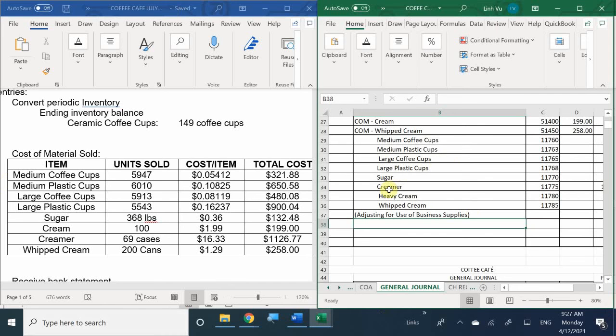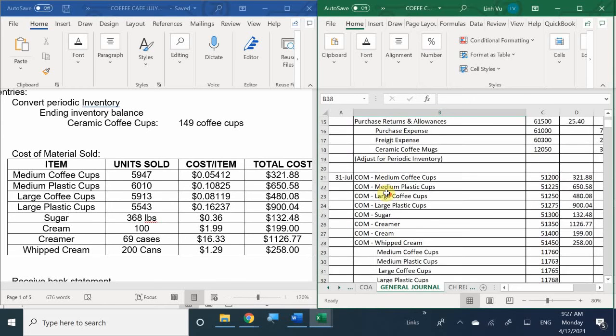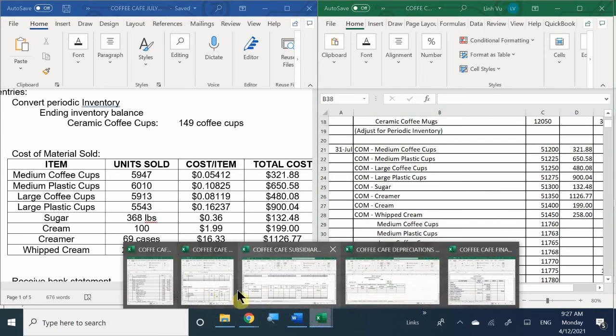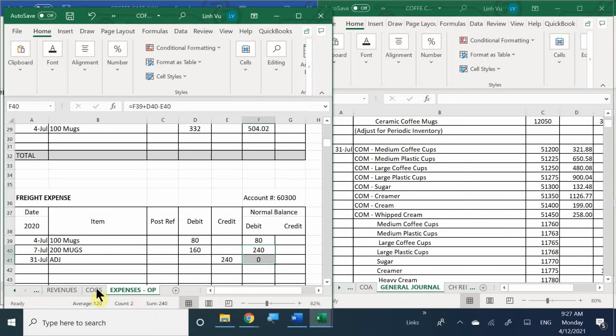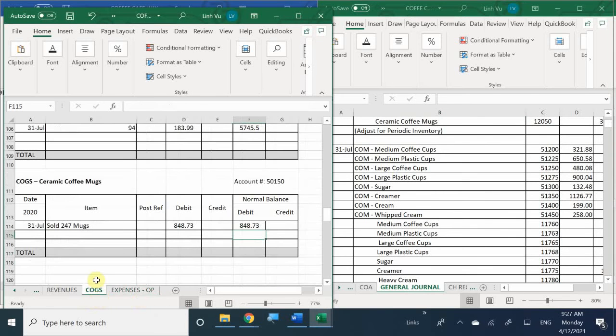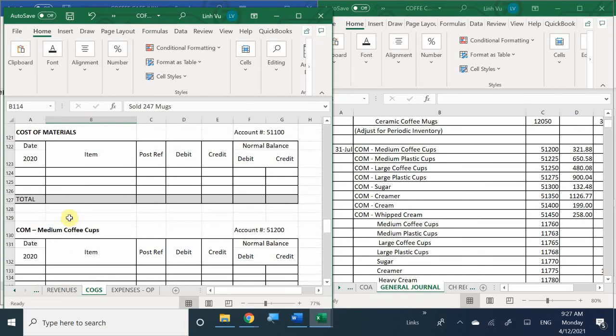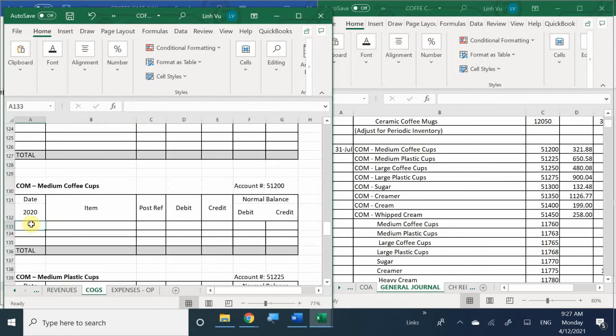So let's go ahead and make our adjustments. I'm going to start off with cost of material first. So go to your ledger. Cost of material, here we are, cost of goods sold. First we have our medium coffee cups.